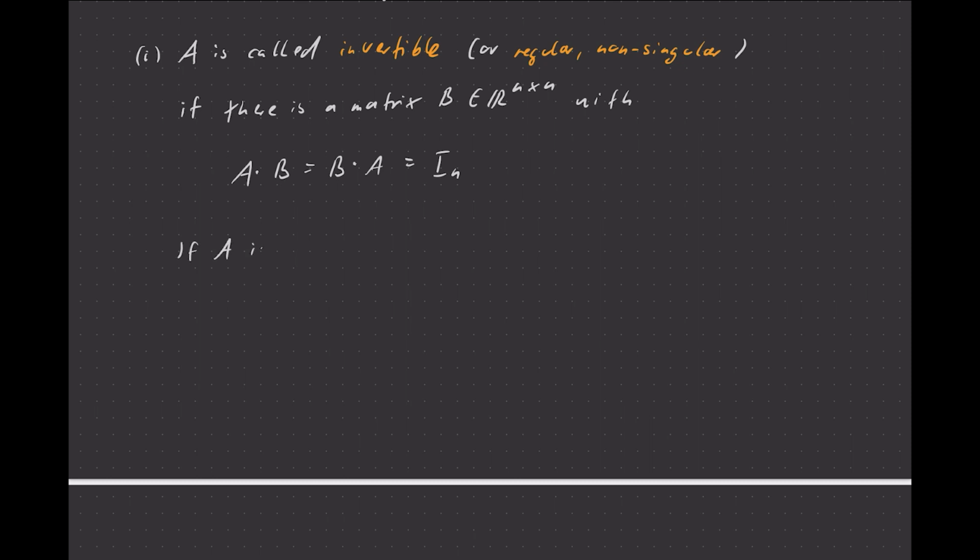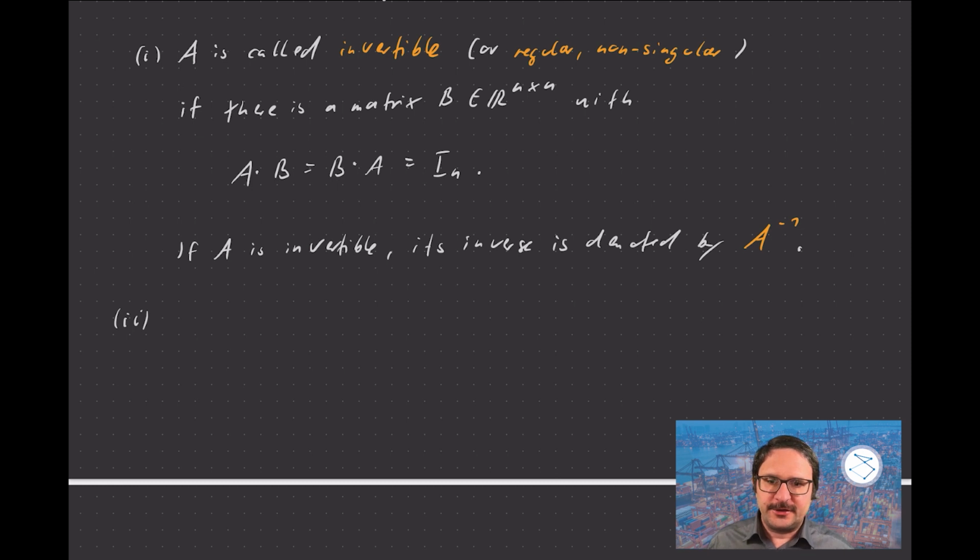So if A is invertible, its inverse is denoted by A to the minus 1. And second part of the definition, that's just another term. If a matrix cannot be inverted, so if it does not have an inverse, then we will call it not invertible or singular or non-regular.